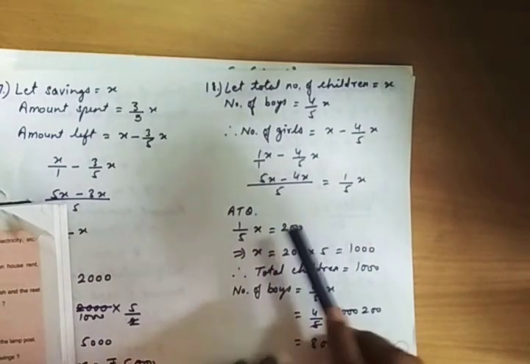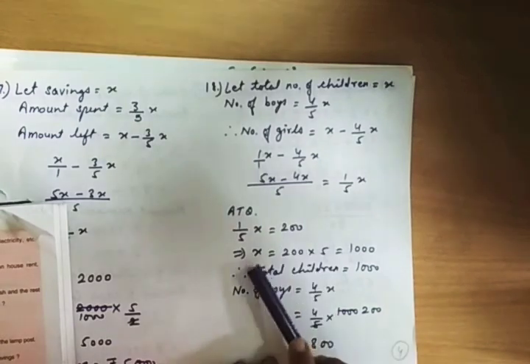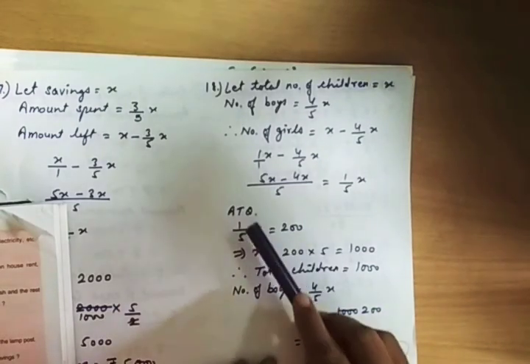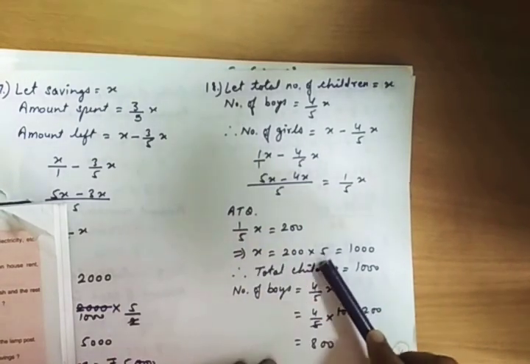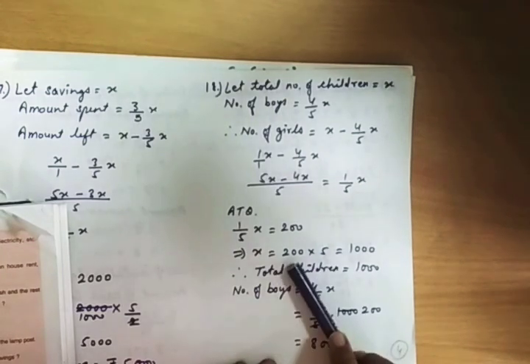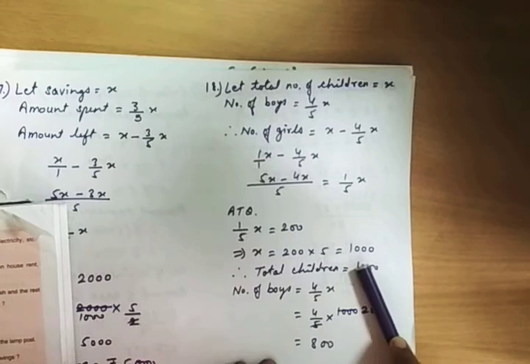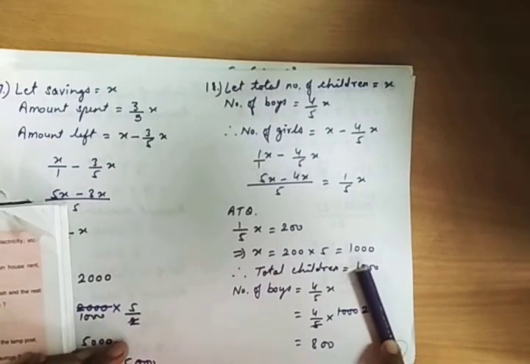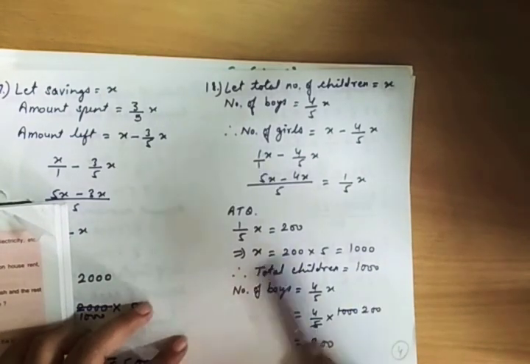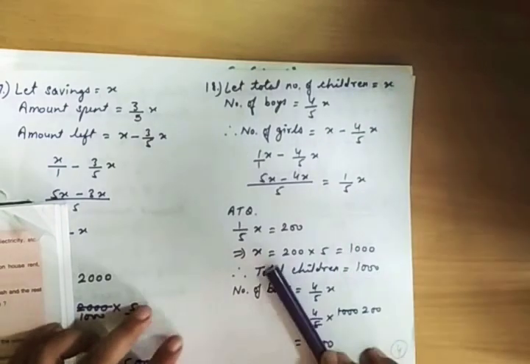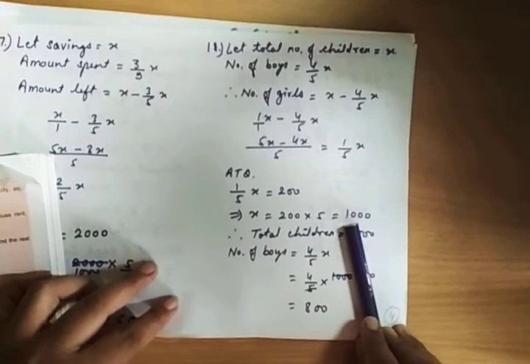So 1 by 5 x should be equal to 200. So x will be equal to 200. Take 1 by 5 to the right hand side. It will become 5. 200 into 5, so answer is 1000. So this is the value of x. And what was my x? x was number of children. So total number of children is 1000.